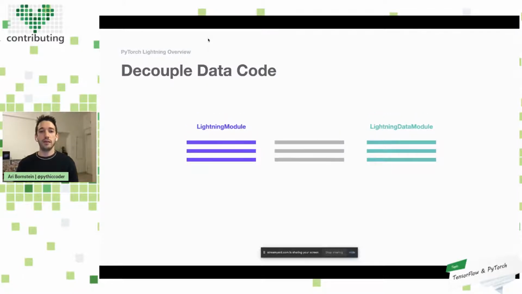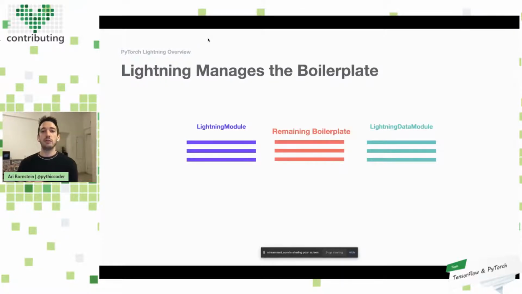And then the code that's left over from the Lightning module and the data module is the remaining boilerplate. These are the common patterns that we see in pretty much every single deep learning application, things like your training loop, things like figuring out how to manage ranks when you're doing distributed training.